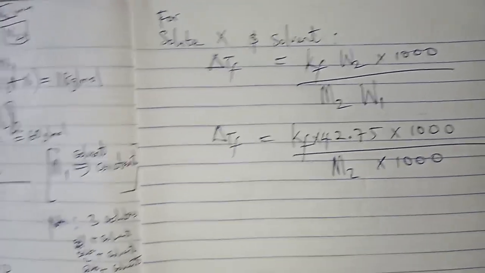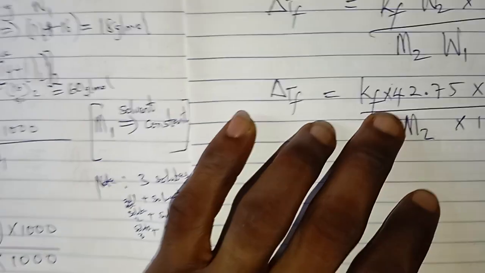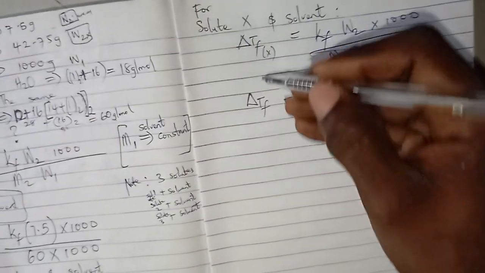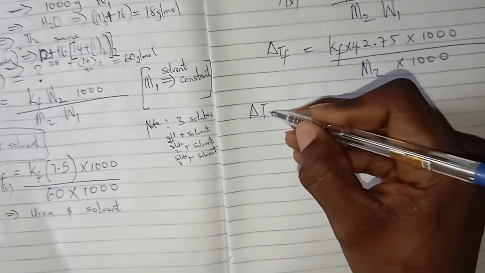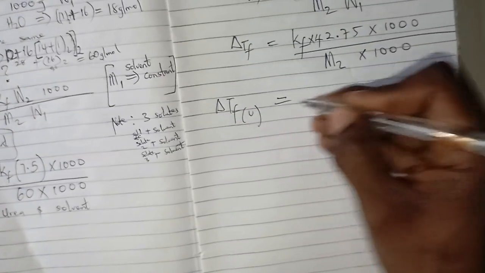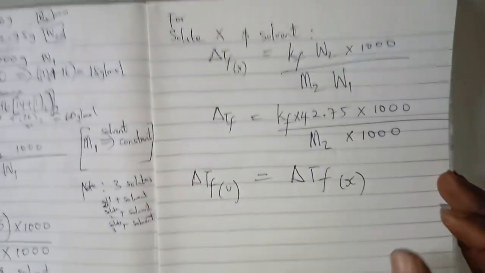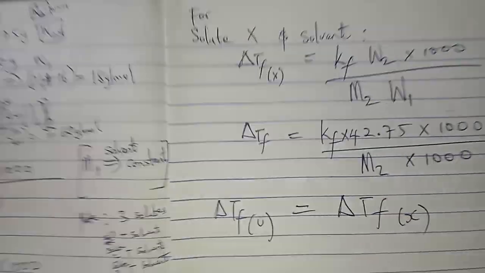When I have more than one solute, by the time I finish the first one and solve for the second, I'll say this is for urea and this one is for X. Since they freeze at the same temperature, the change in TF of urea is equal to the change in TF of X. Remember, that's what the question said.